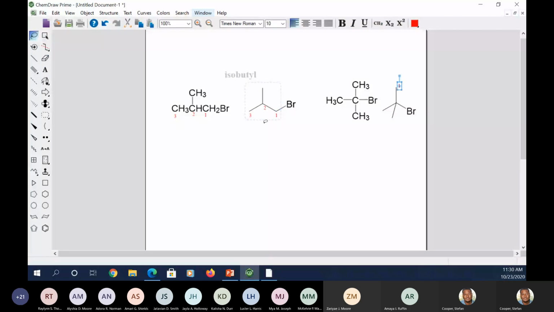So it gives me 1 there, 2 is going to be here, 3 will be right there, right? So again, we said that the IUPAC name for this one should be 1-bromo, 2-methyl propane. Comfortable with that? And the IUPAC for this compound should be 2-bromo, 2-methyl.